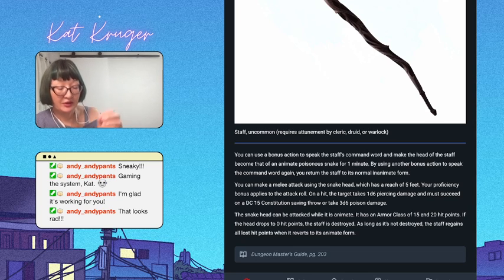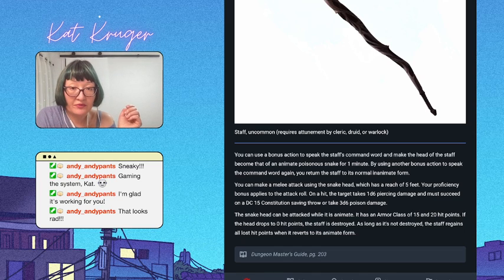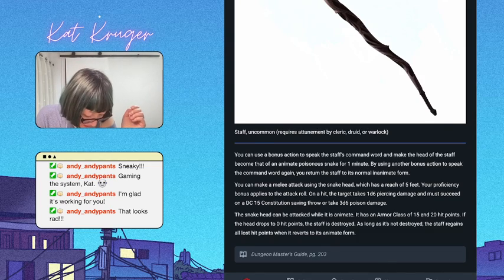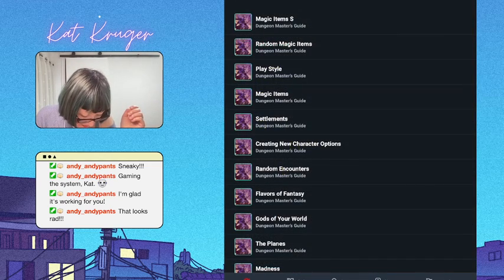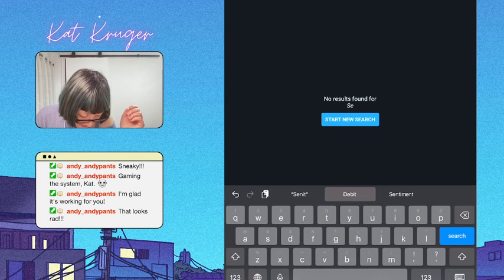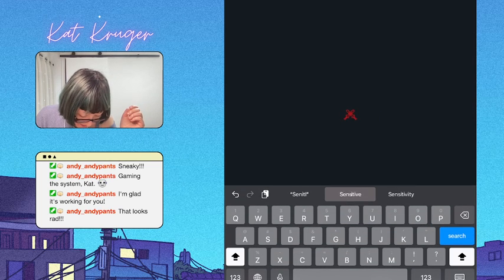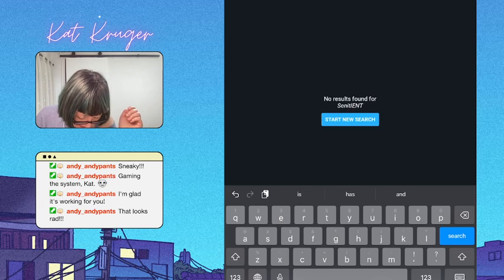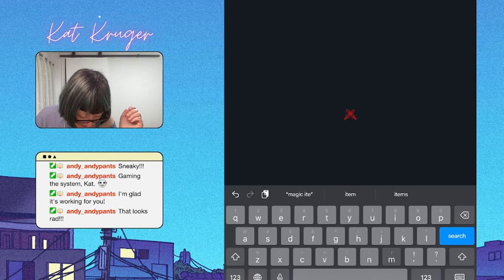Creating sentient magic items. All right, I think I should be able to find this in here if I do a search. Sentient. Okay. Magic items.